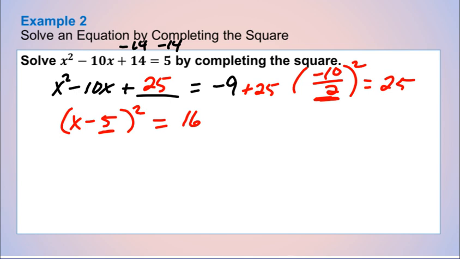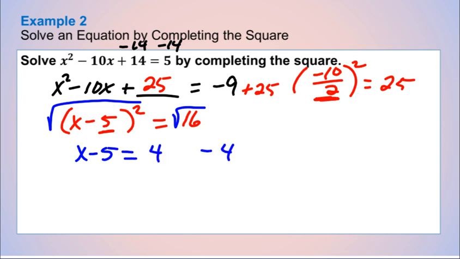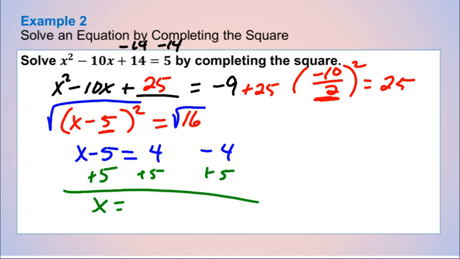Now this is from lesson 10-4 that we use the square root property. So to undo a square, I find the square root, and I'm left with x minus 5 equaling a positive 4 and a negative 4. Add 5 to both sides. X would equal 9 and positive 1.